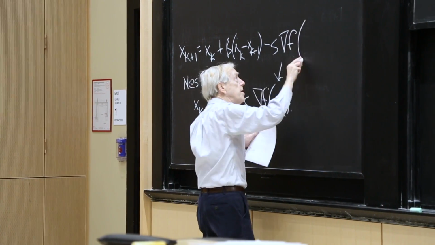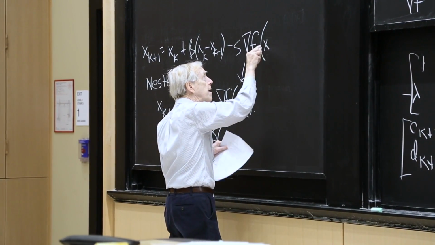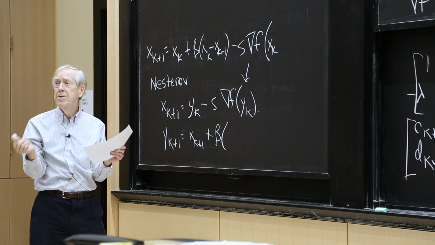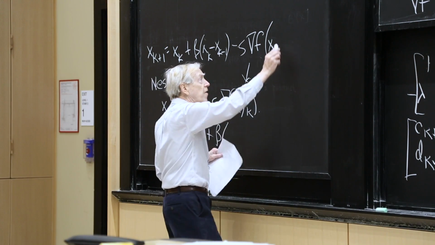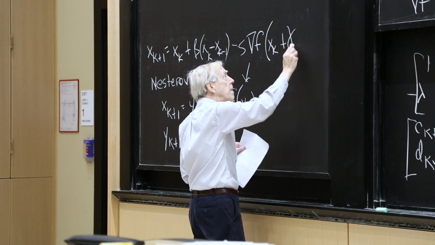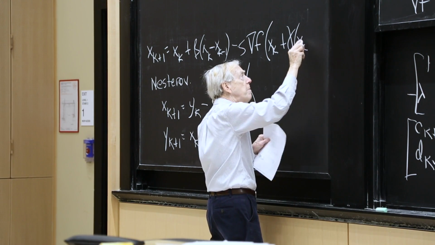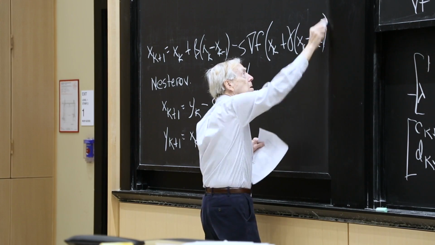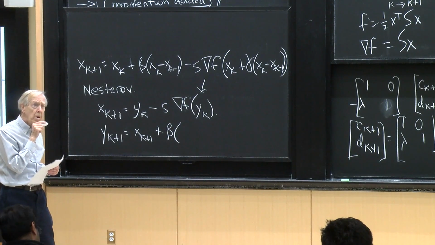But now here's Nesterov speaking up. Nesterov evaluates the gradient not at x_k, not at x_{k-1}, but at his own Nesterov point. So this is Nesterov's favorite point, x_k plus gamma times (x_k minus x_{k-1}), some point part way along that step.